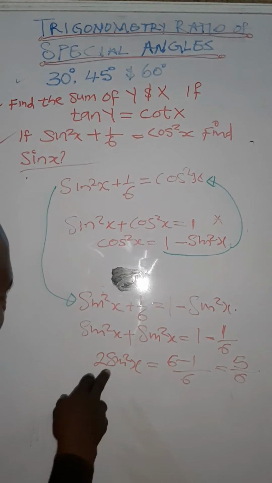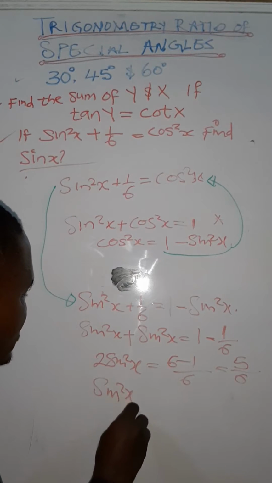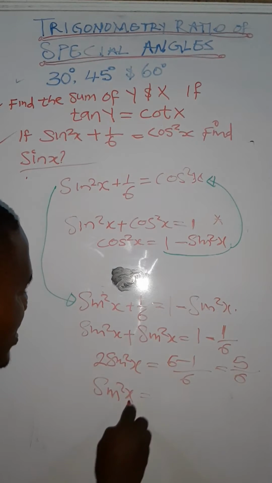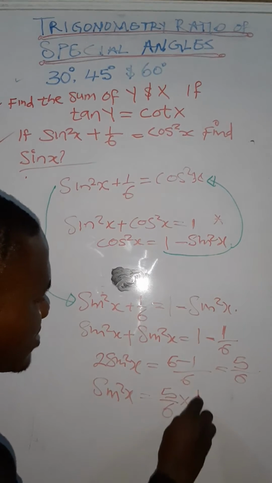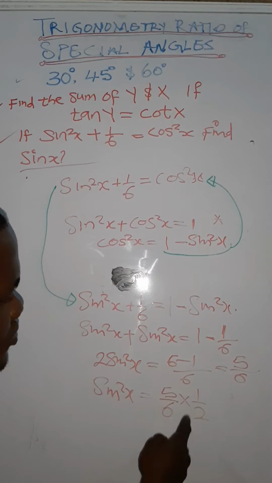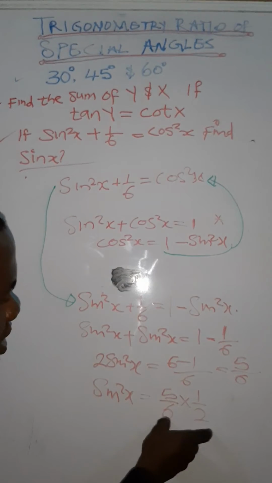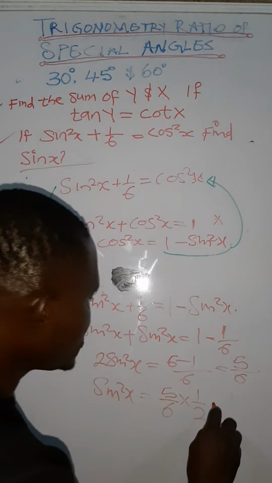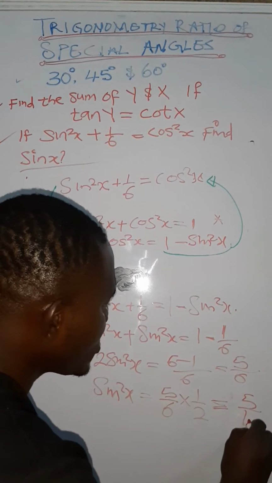Now, for me to have only sine square x, I divide through by 2, so I have 5 over 6 multiplied by 1 over 2, which is the same as dividing both sides by 2. The 2 cancels 2, and you are left with this. At the end of the day, this gives me 5 over 12.